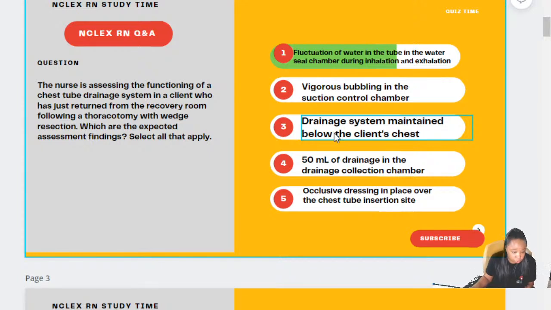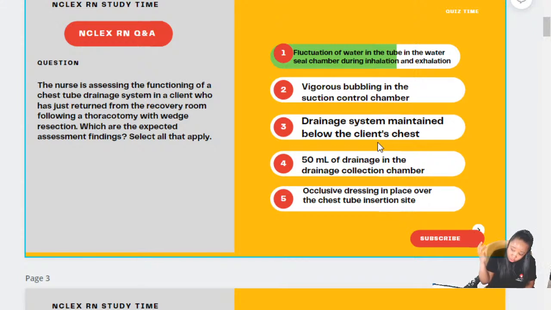What about this one right here? Drainage system maintained below the client chest. Do you think we should maintain the drainage system below the client chest after a thoracotomy? I would say yes. You know why? It's because of gravity. You put the drainage system below the patient chest.